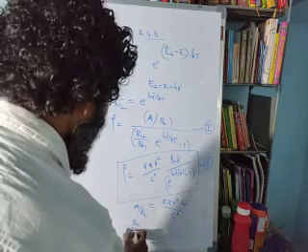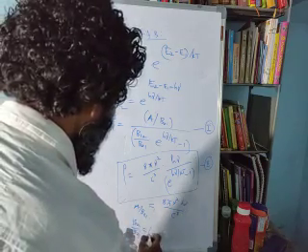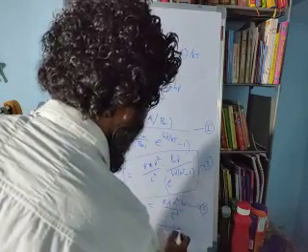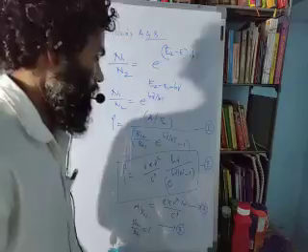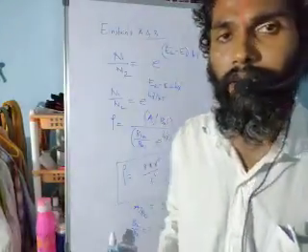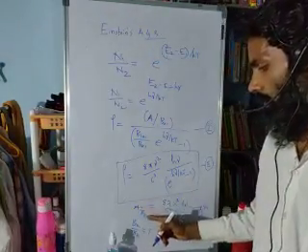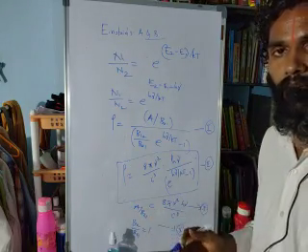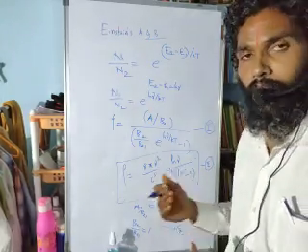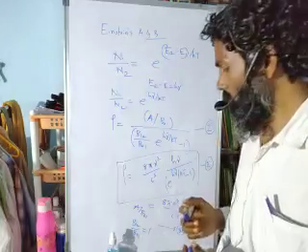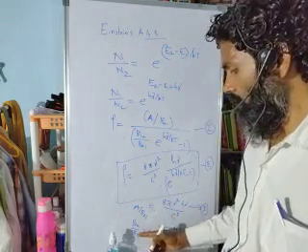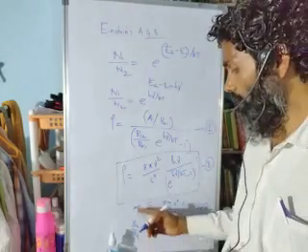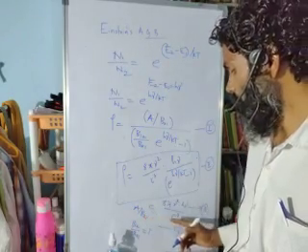We can call this equation 3 and this one number 4. These equations 3 and 4, which relate Einstein's A and B coefficients, are called the relationships among Einstein's coefficients. So we can say that B12 is equal to B21 and A is equal to B21 into this factor.